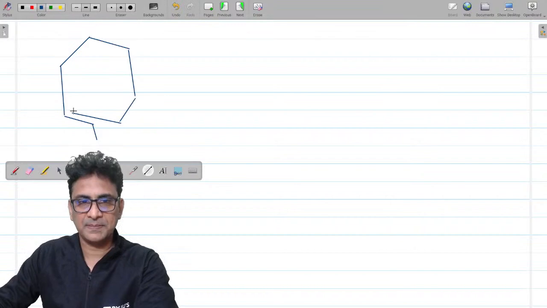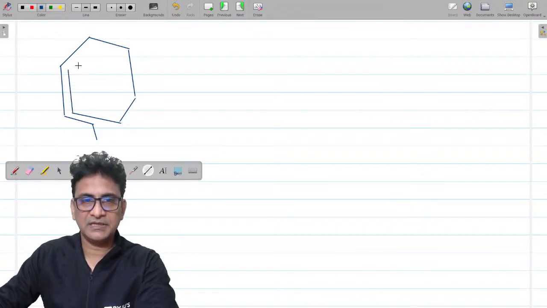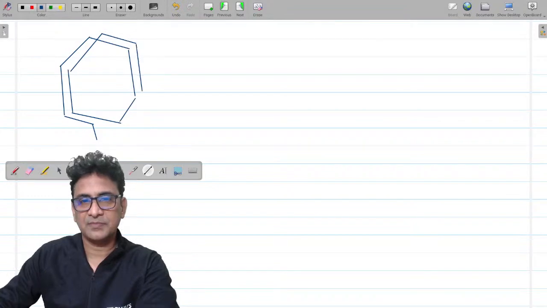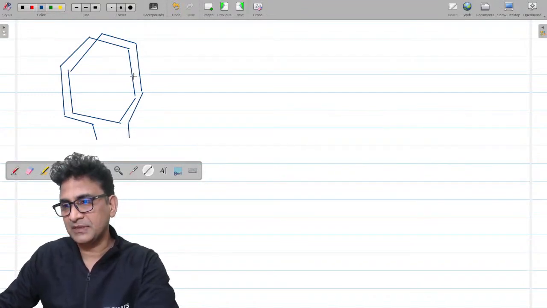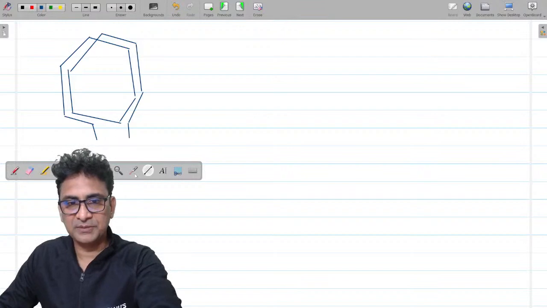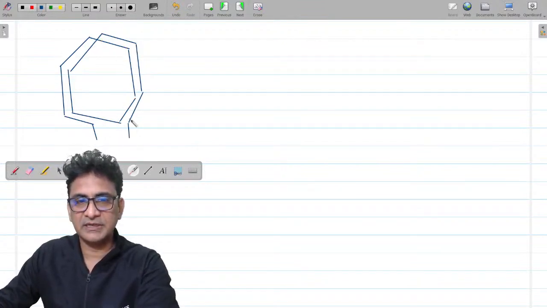So see, if I take the 2 turn coil, now this is a 2 turn coil. Is it clear? This is a coil which has 2 turns. 2 turns means this is 1 turn and this is another turn. So in every coil we have 2 sides.